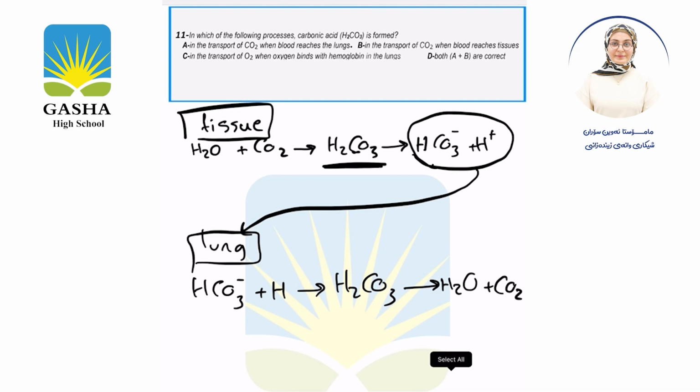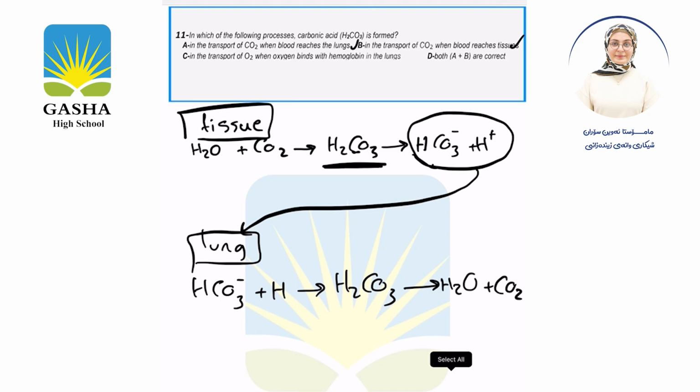So let's read the multiple choice. A, in the transport of CO2 when blood reaches the lung. Yes, it's formed. B, in the transport of CO2 when blood reaches tissue. Yeah, this one is true also. So please don't hurry.